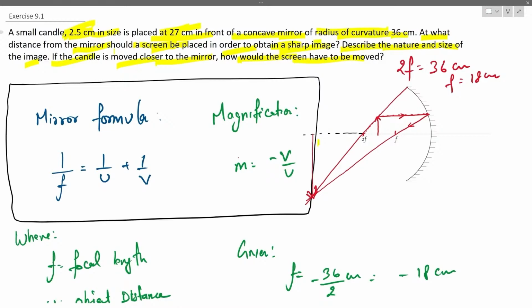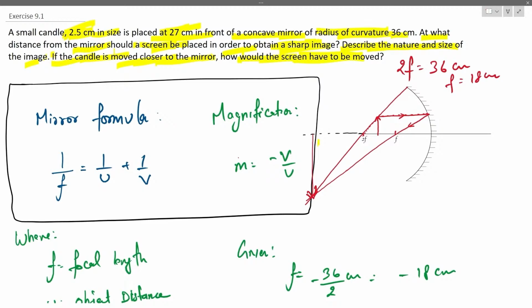In simple terms, it is asking the position v of the image from the mirror. The second question is to describe the nature and size of the image. The third question is, if we move this candle towards the mirror, then how would the position of the image change? So let us proceed.